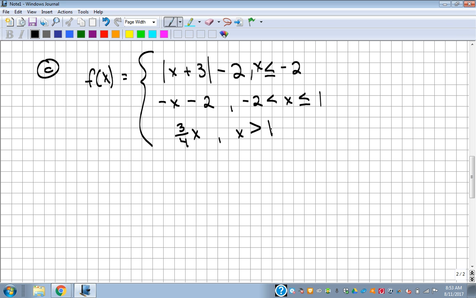Yeehaw. Okay. So again, the best thing to do is just take one piece at a time. Don't try to do it all at once. Just take one piece at a time and figure it out. So what's the important point for the first piece? Well, the x value would be what?